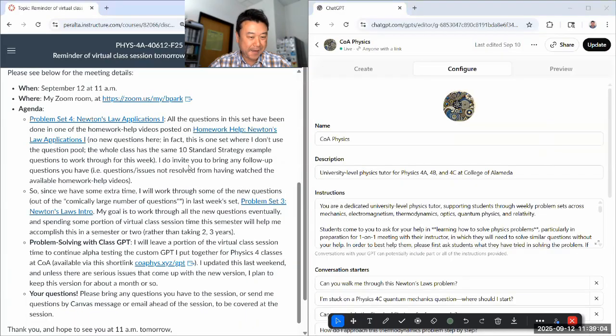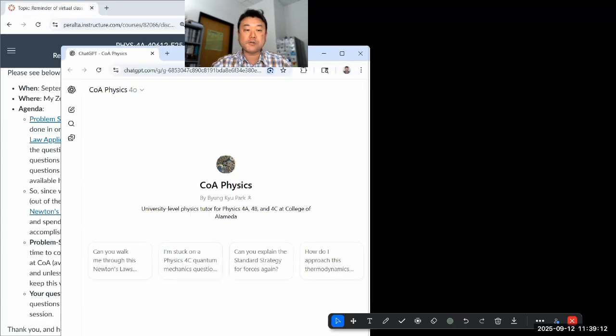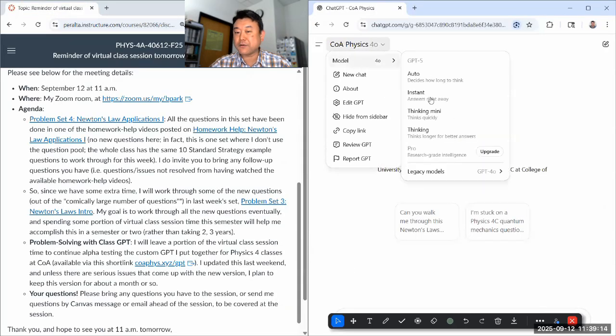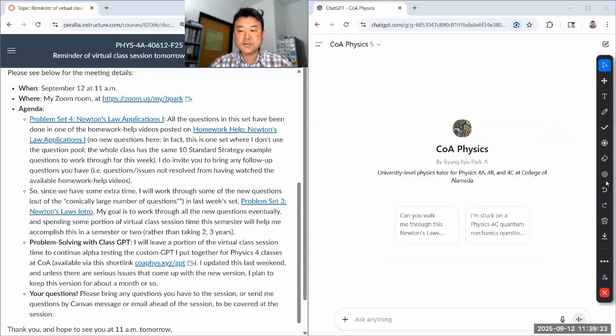So for today, what I want to do is basically use this the same way I've been using ChatGPT before, as a capable tutor, and see how well it answers my questions. Using it as a tutor, I'm going to ask questions out of problem set 4.